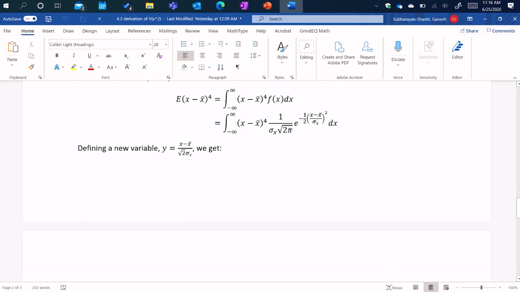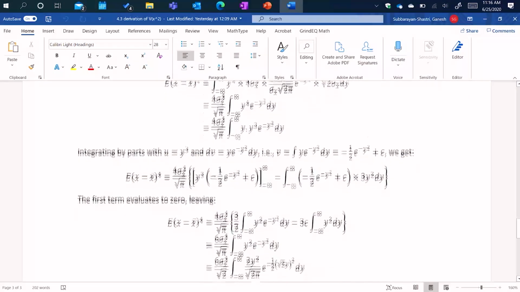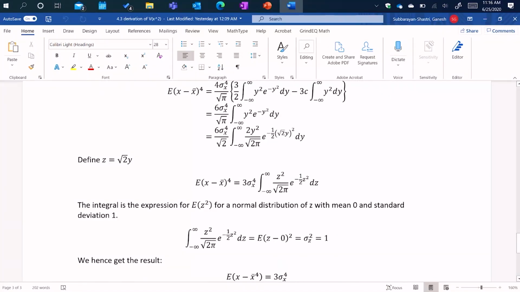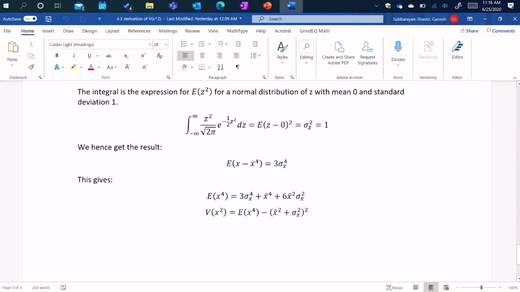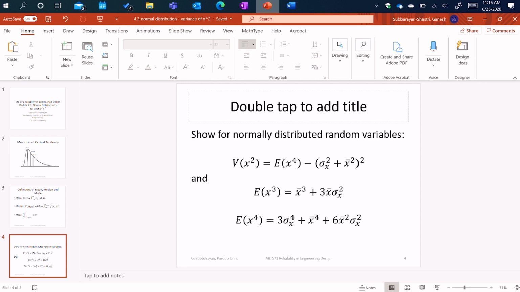This is quite involved. I'll give this as a handout. And when you integrate, finally, you can derive the expected value of x to the power 4. And once you know the expected value of x to the power 4, you can estimate the variance of x squared. And those are the formulae that are given in the slide here.